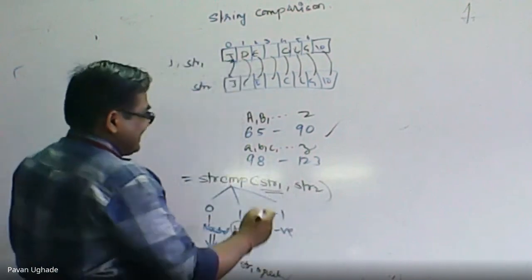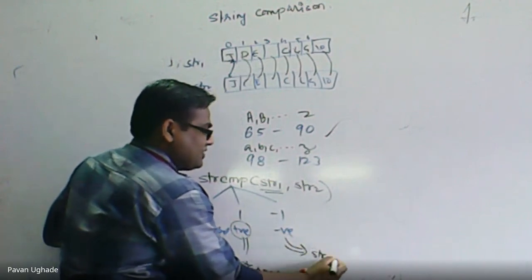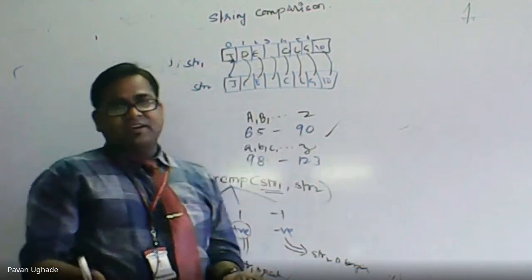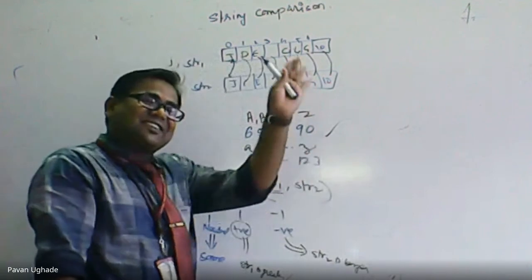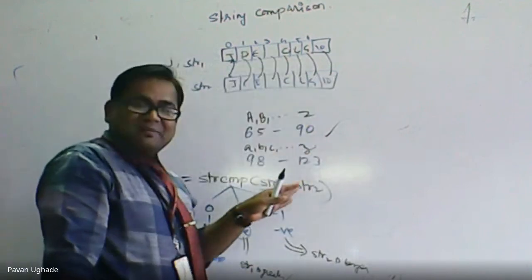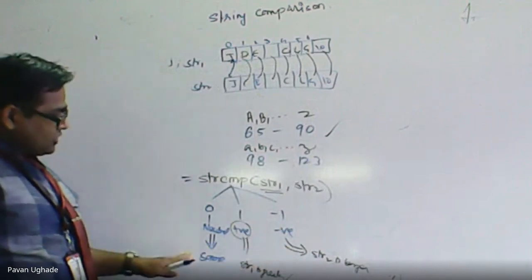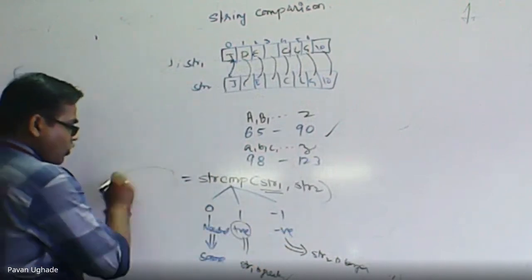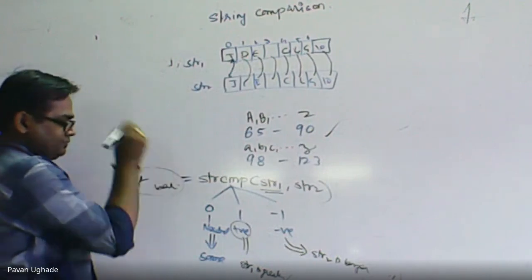In the same way, if it is negative, it means string 2 is larger or string 1 is smaller. Negative means smaller. So the second parameter in the function is larger. These are nothing but integer values, so to hold the result we require one integer variable.